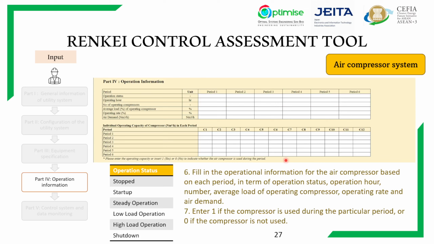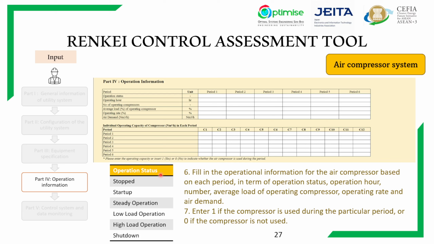As you can see here, I divide the period of operation into 6 periods, period 1 to 6, and for each of these periods you can define the status. This is because our team wants to know better how you operate your compressor.